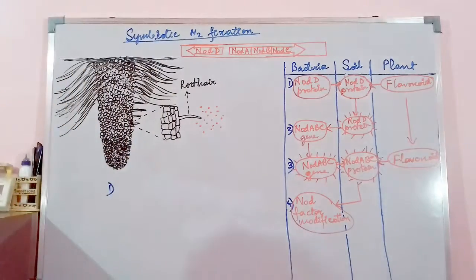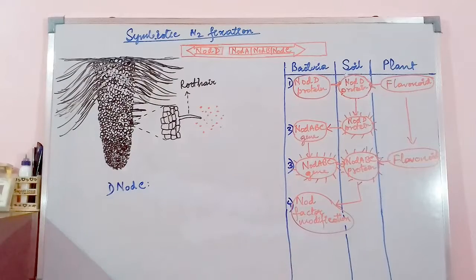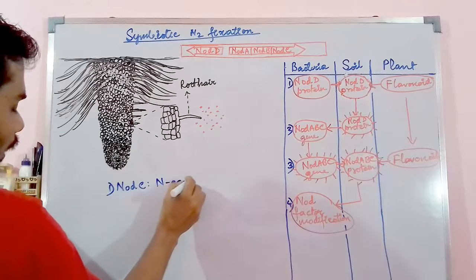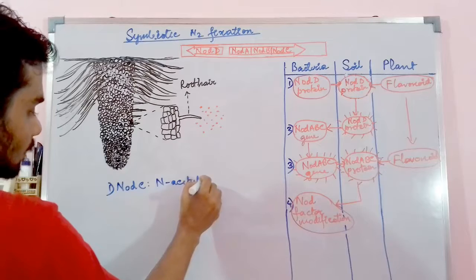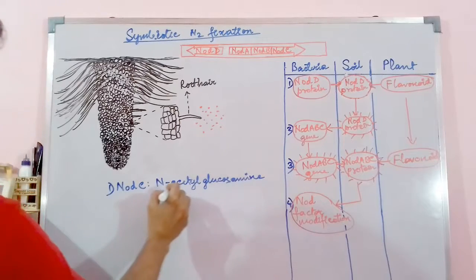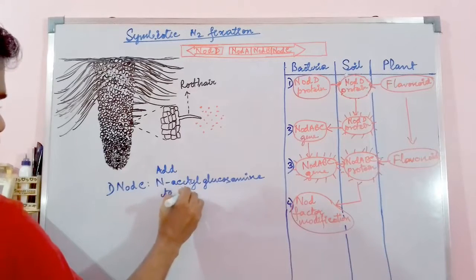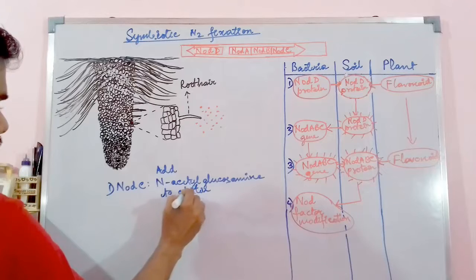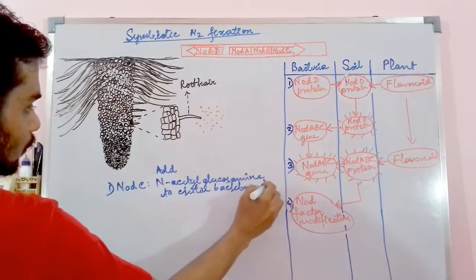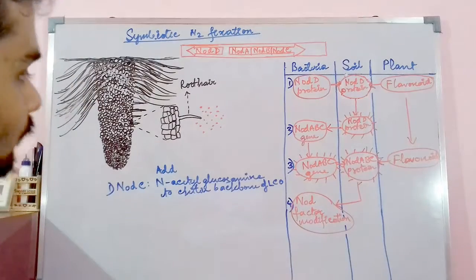Okay, first, node C enzyme will add N-acetyl glucosamine to the chitin backbone of LCO, lipochito-oligosaccharide, that is the node factor.